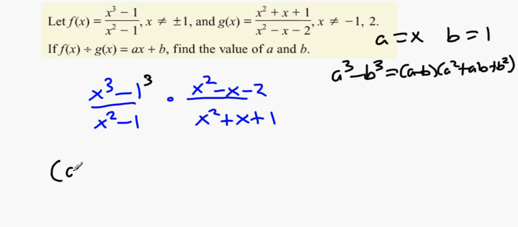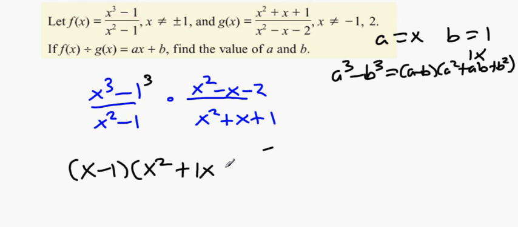So what we're going to get here is x minus 1, bracket x squared, instead of a squared. Instead of ab we're going to have 1 times x, which is 1x. And then b squared is going to be 1 squared, which is 1. This part here is the same as this red part here.